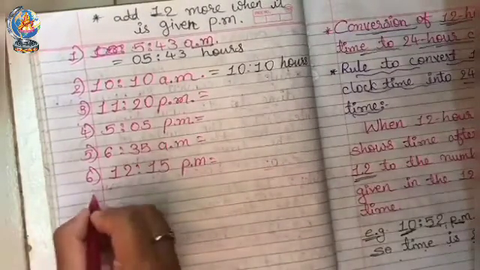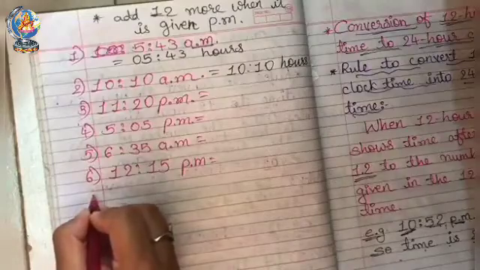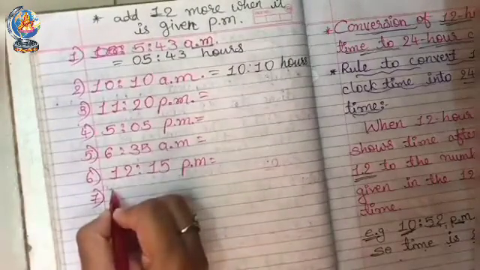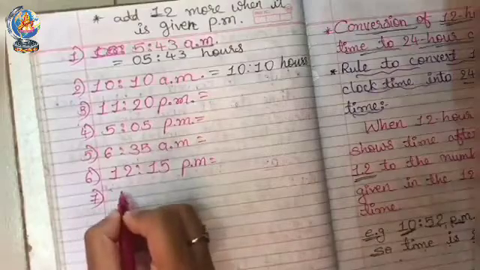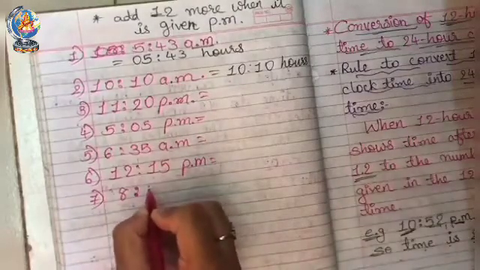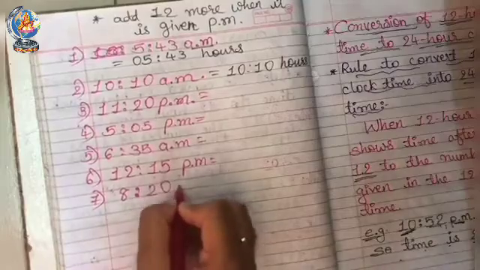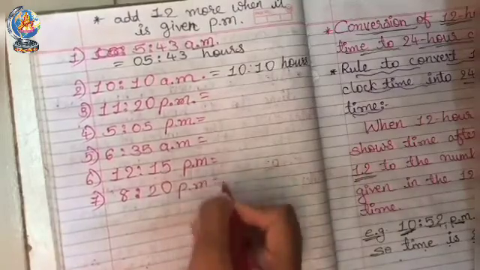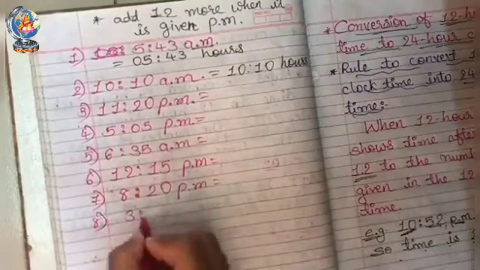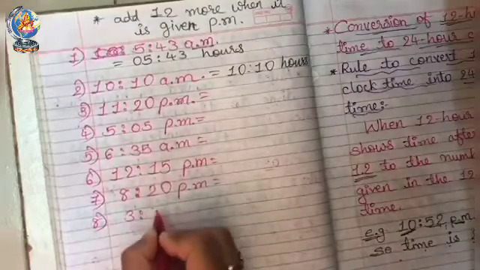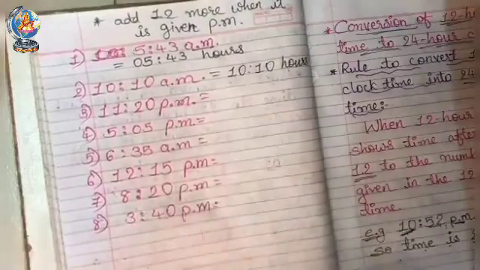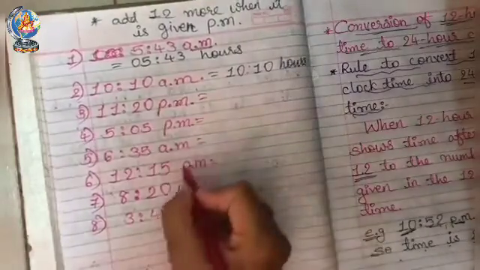Here it will be number 7: 8:20 PM. Number 8: 3:40 PM. Fine? Okay, let me give it here AM.